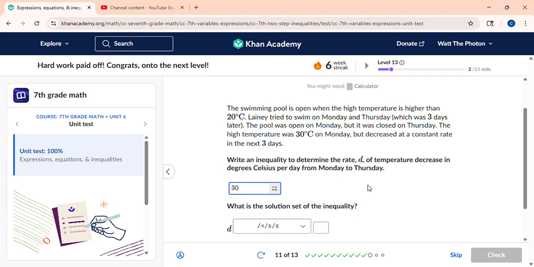So 30 divided by 3. So 30 degrees Celsius on Monday. Okay, to figure this out: 30 degrees Celsius on Monday minus H, which has to be less than 20, is equal to the temperature difference.